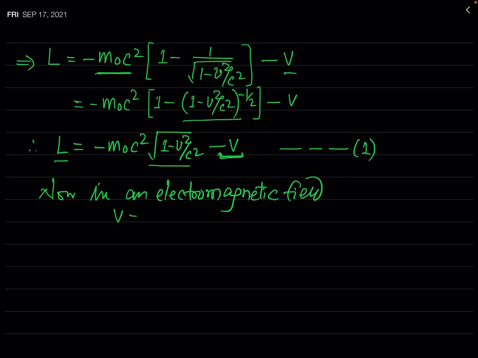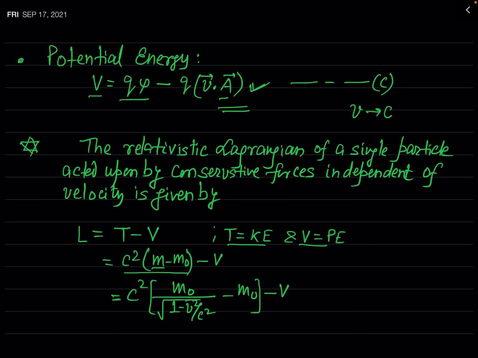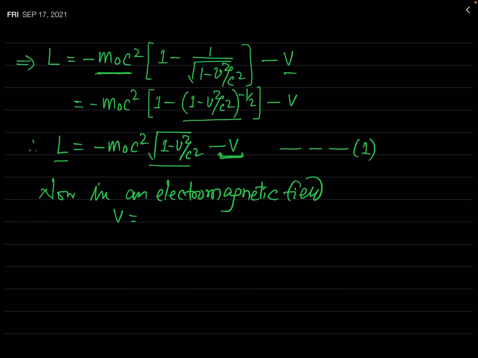You can see the expression for V is: q phi minus q times V dot A.